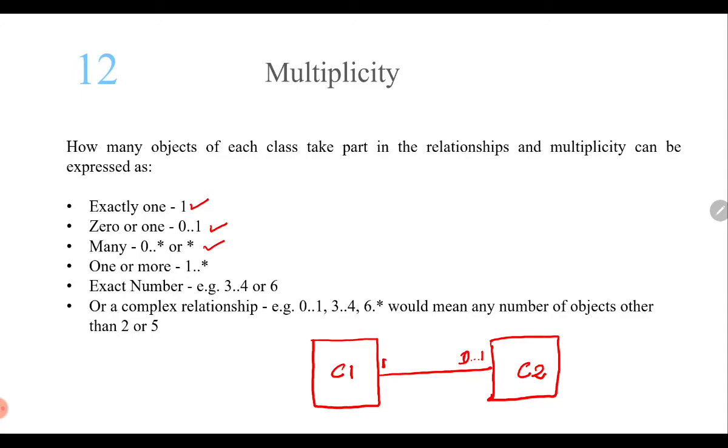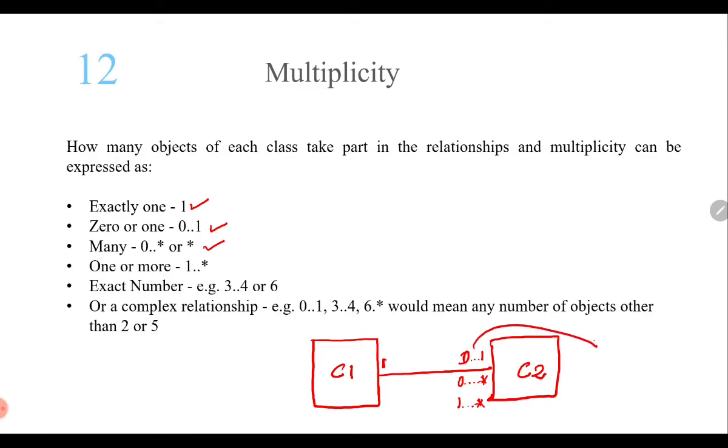That means class 1 can be associated with class 2 or cannot be associated with class 2, or it can be associated with not only one but many instances of class 2, or it can be associated with one or many instances of class 2.